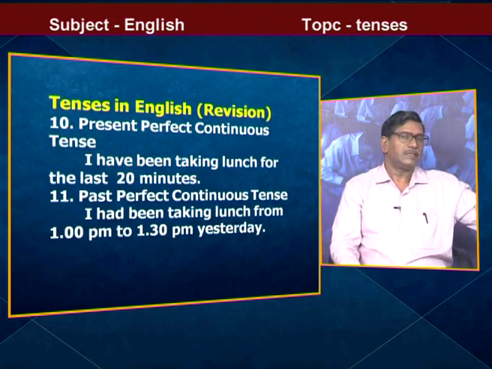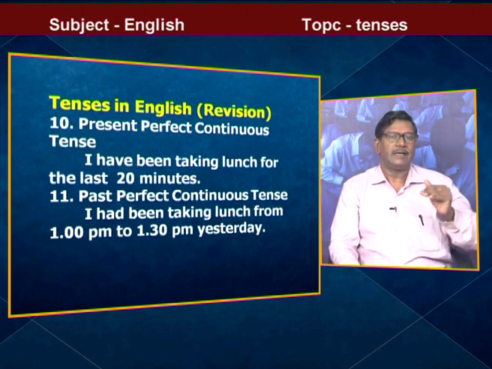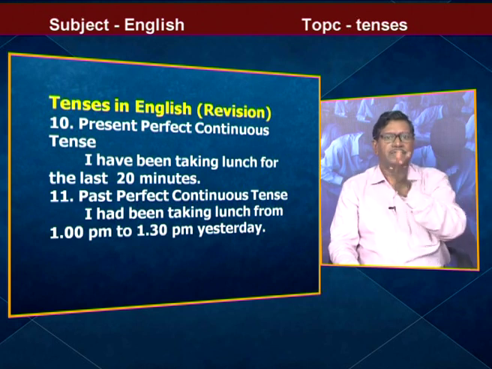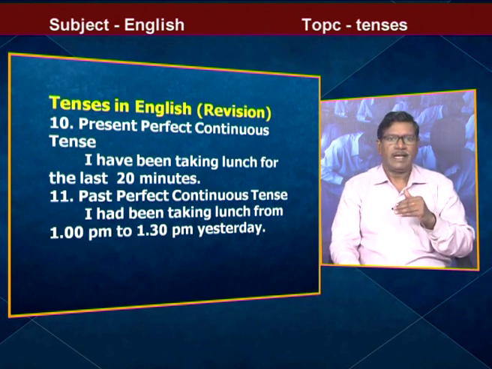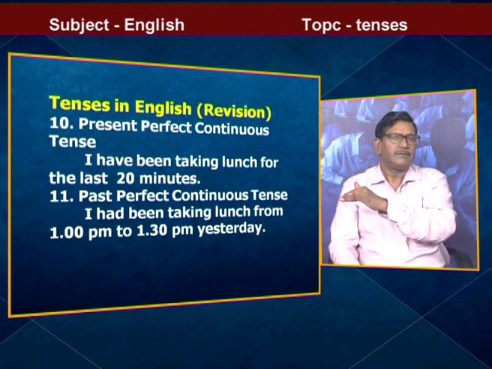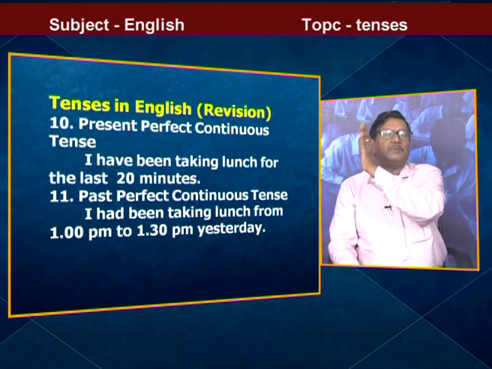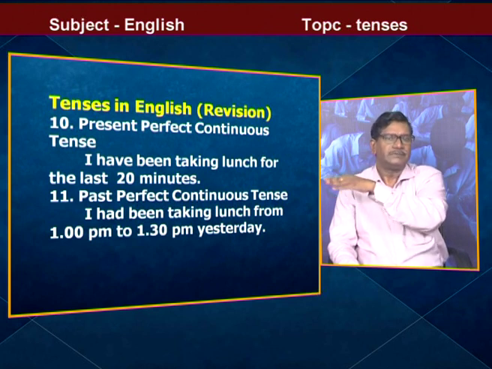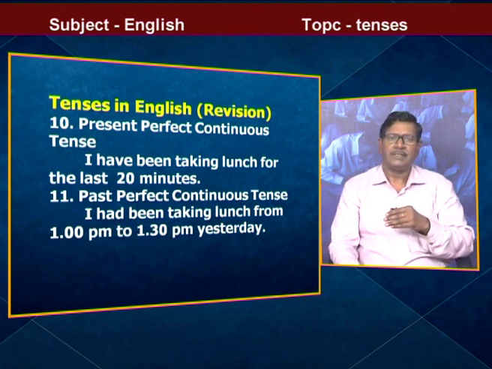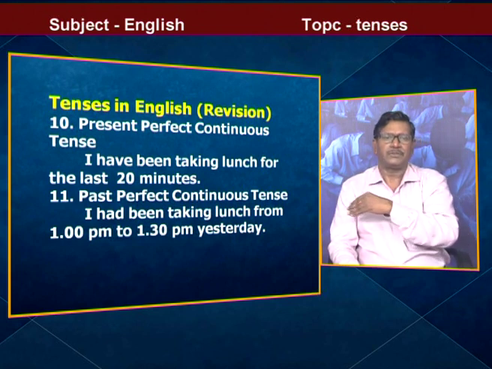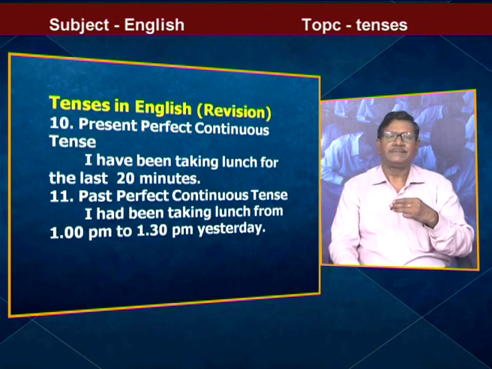Future perfect continuous, I shall have been taking lunch from 1 p.m. to 1:30 p.m. tomorrow. So that way, perfect continuous tenses are three: present perfect continuous, past perfect continuous and future perfect continuous.